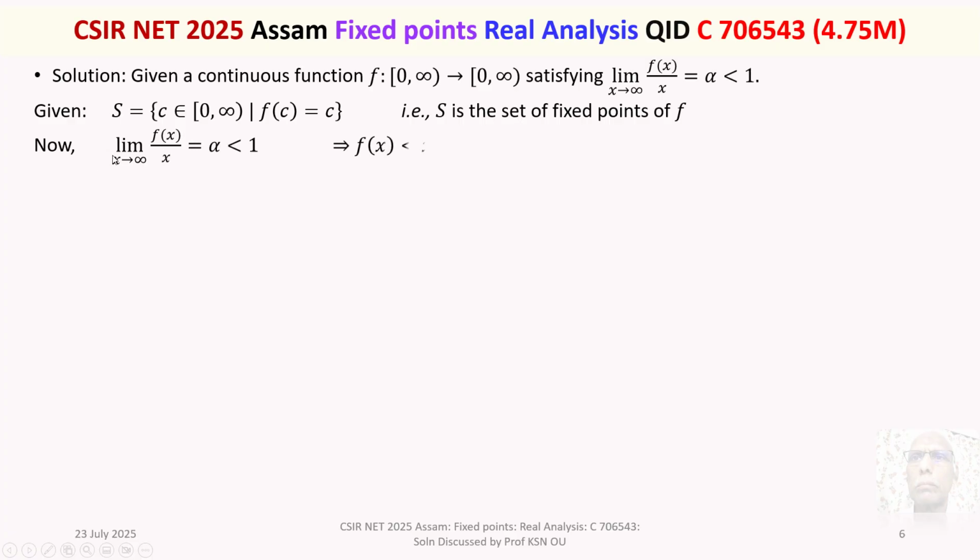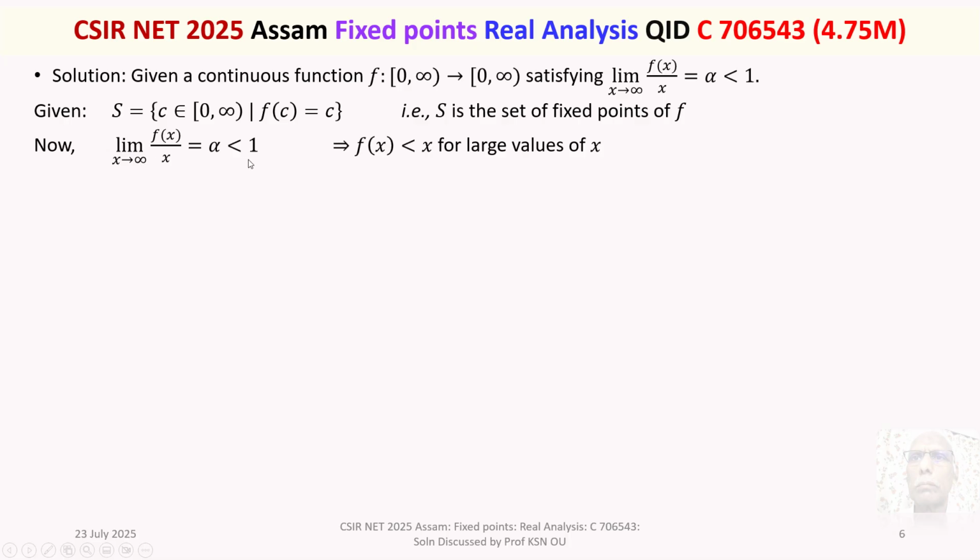Now, limit as x extends to infinity of f of x by x is equal to alpha less than 1 will imply f of x is less than x for large values of x. Right?